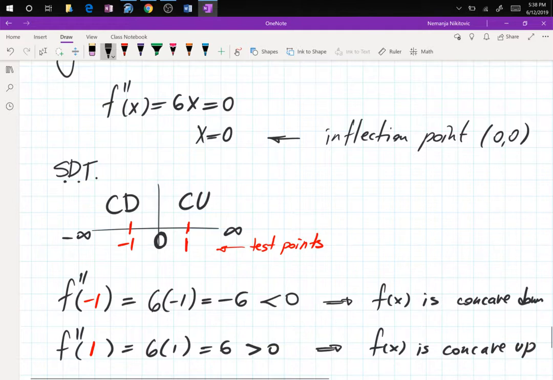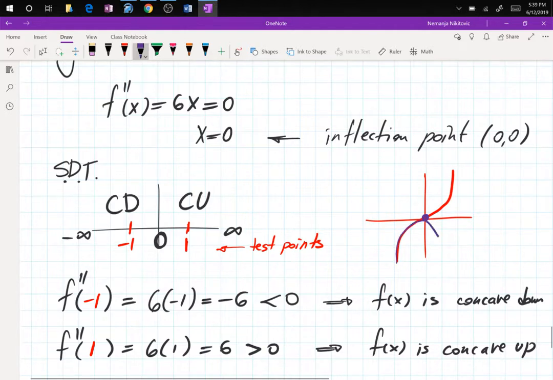Now if you compare that to the graph of x cubed, you see your inflection point at (0, 0). Do we all see the concave down part before 0?